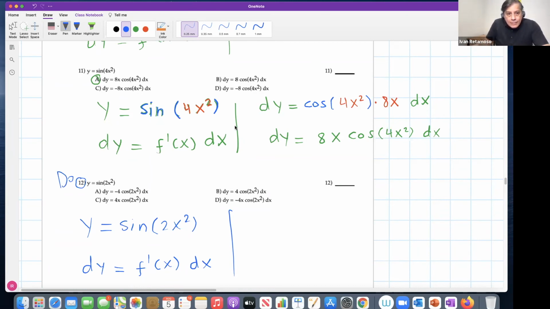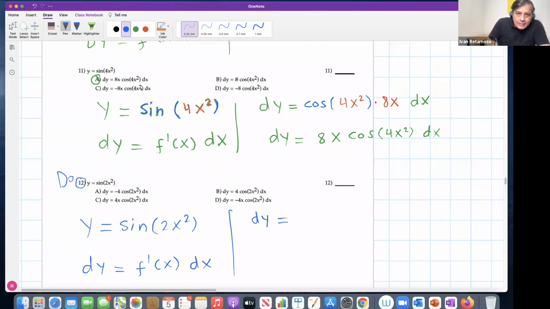Let me check, Adriana, your answer, number 12. Yeah, very good, Sarah, Adriana, Ruby, CG. Very good, guys. I'm glad that you have picked this up. It's not that difficult, right? You start by saying dy equals the derivative of this function. This is a composite function.